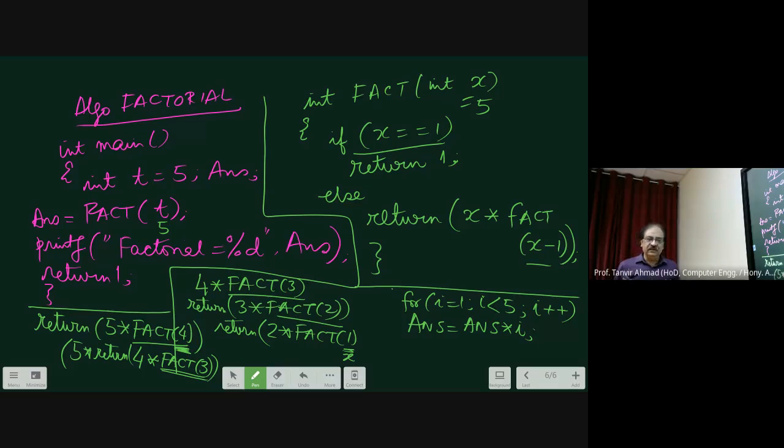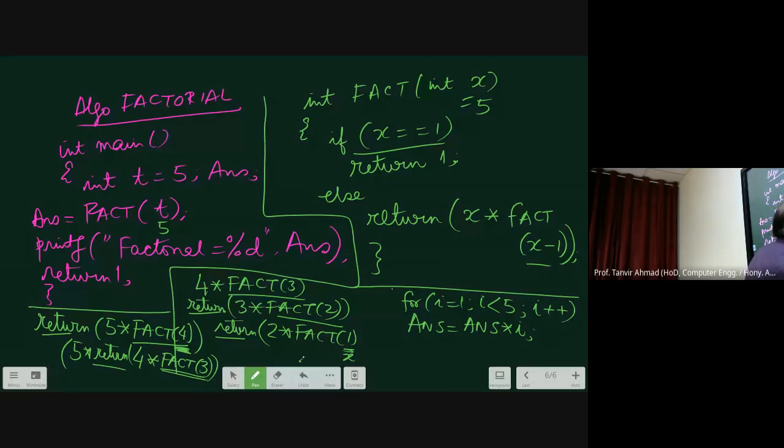And therefore, it is nothing but return 5 into return 4 into return 3 into return 2 into return 1. Now, how many times do they return? There will be a return over here, over here, over here, and this will also return 1.